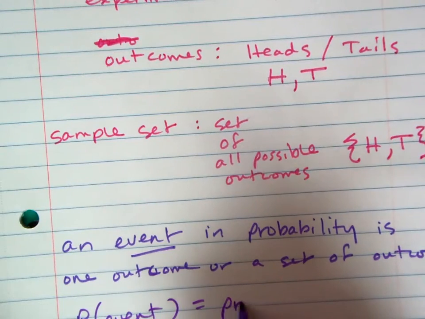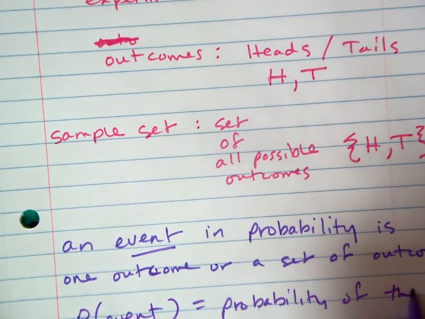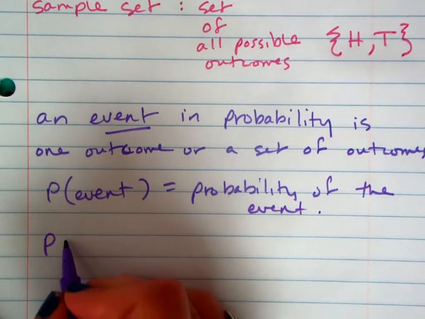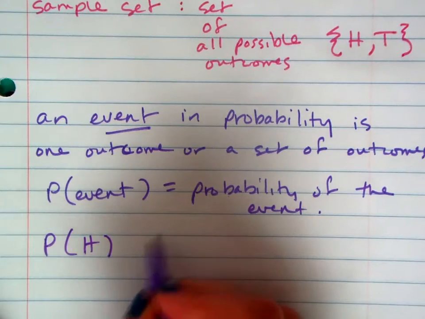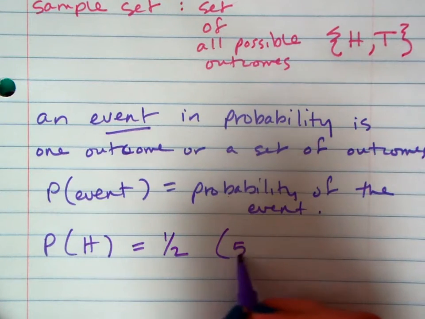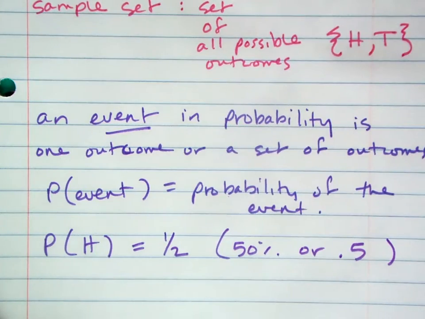That's the probability of an event. So from our example above, it could be P of heads, which would be, as we said earlier, 1/2 or 50% or 0.5 as a decimal.